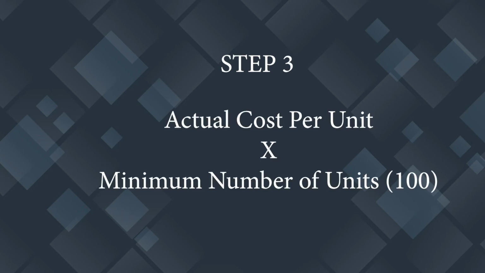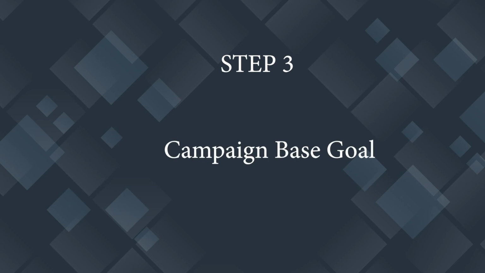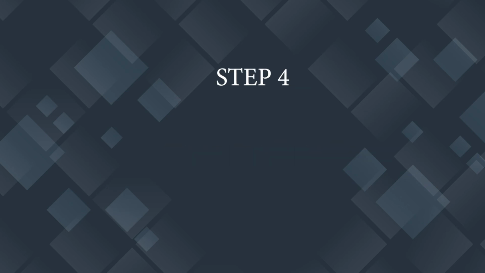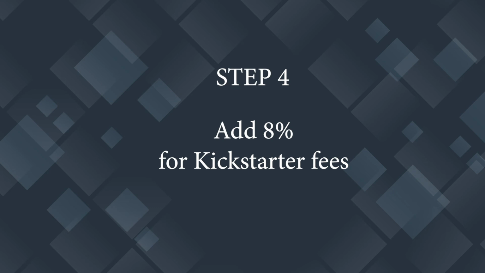Step three, you're going to take that actual cost per unit and multiply it by the minimum number of units. Once you do that, that gives you your campaign base goal. To that number, you want to add 8% to account for Kickstarter fees and Stripe fees.